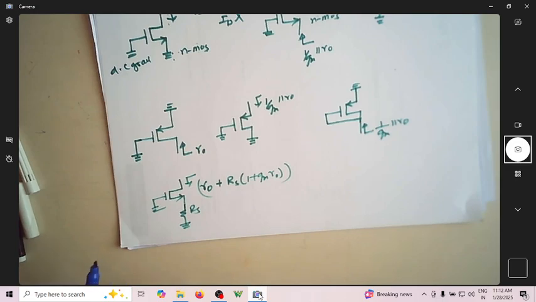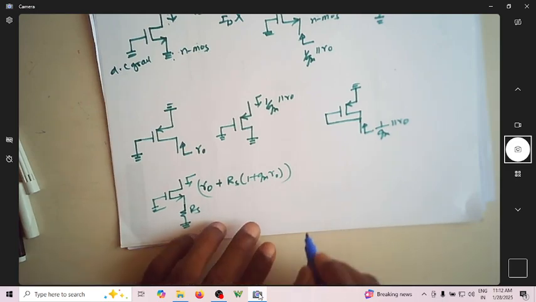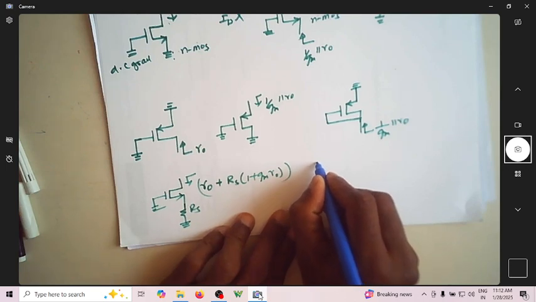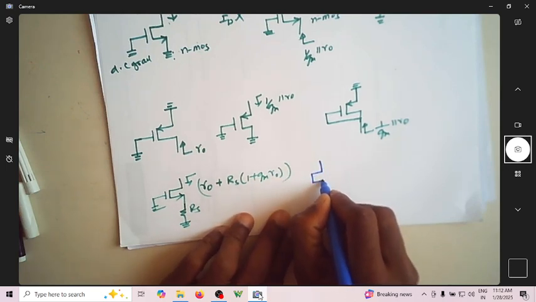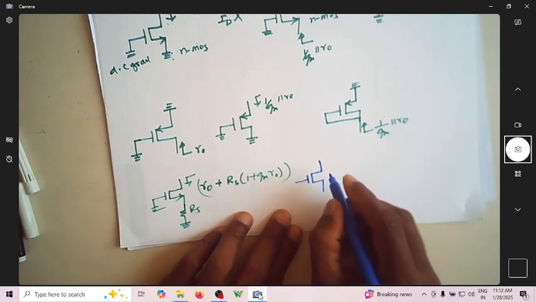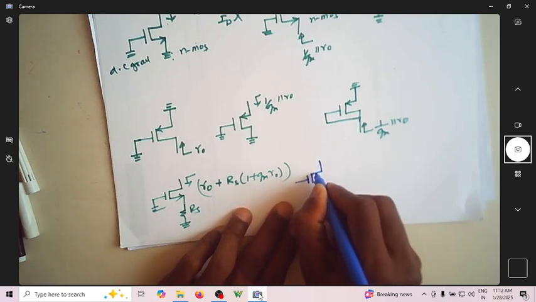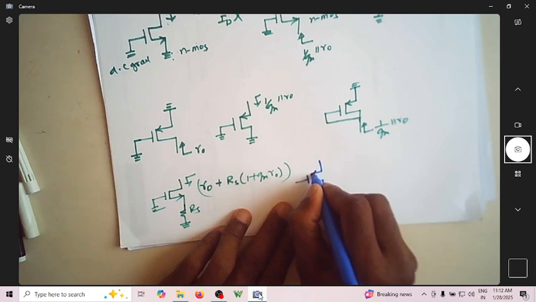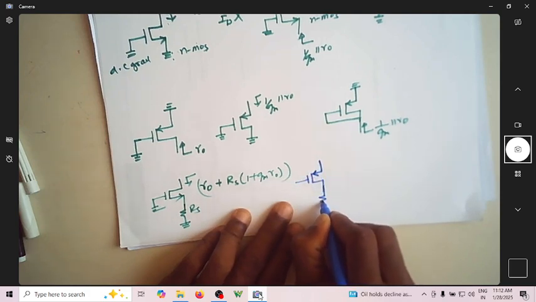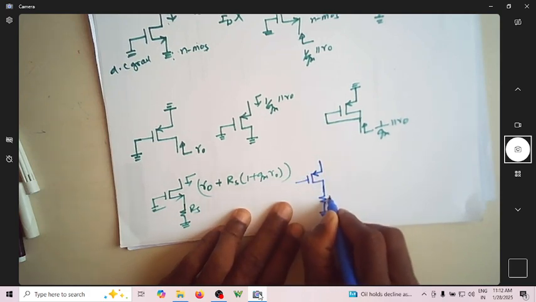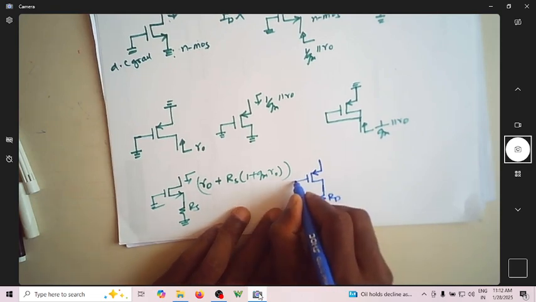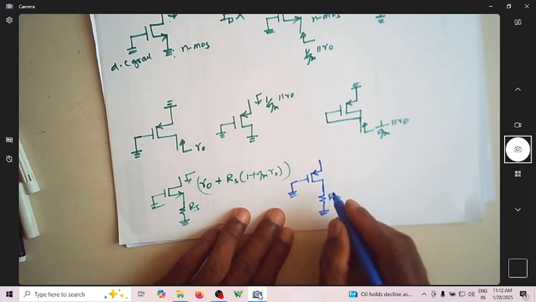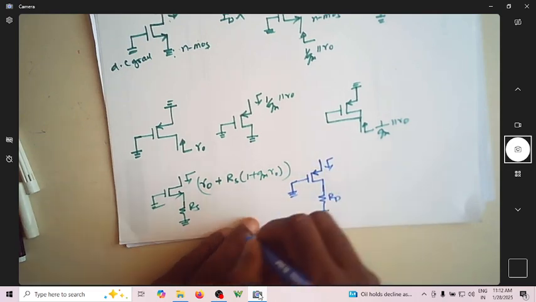Now I will look at another possibility. This is the source, and this is your drain. If the drain is connected to ground through some RD, what is the resistance looking towards the source?